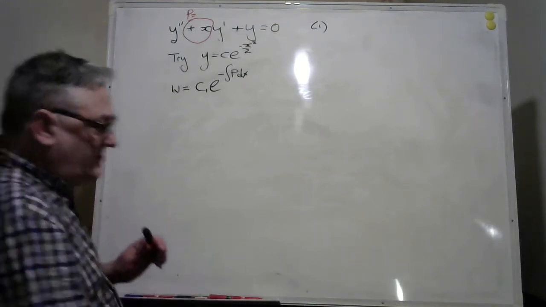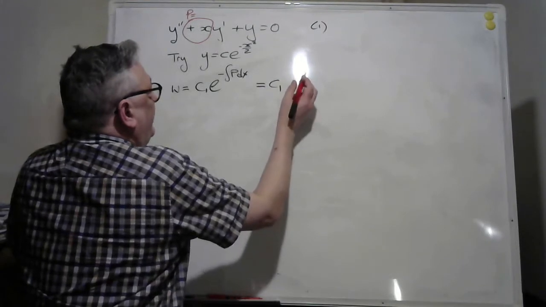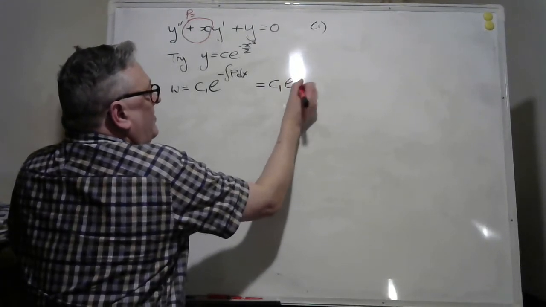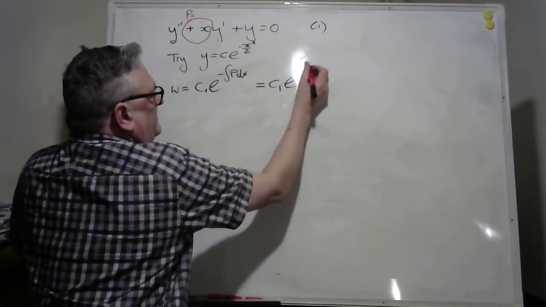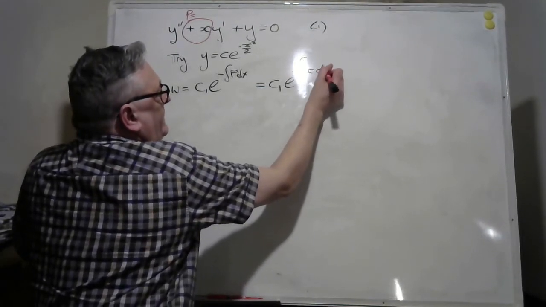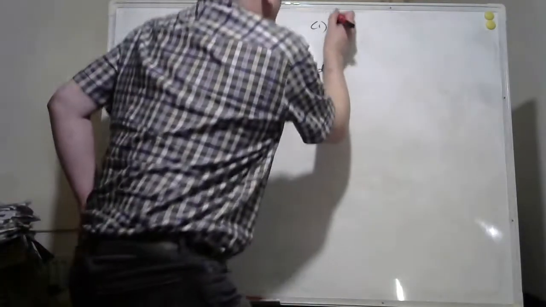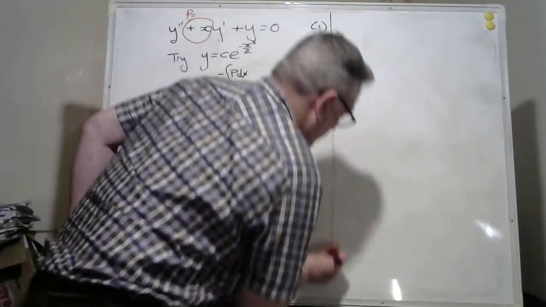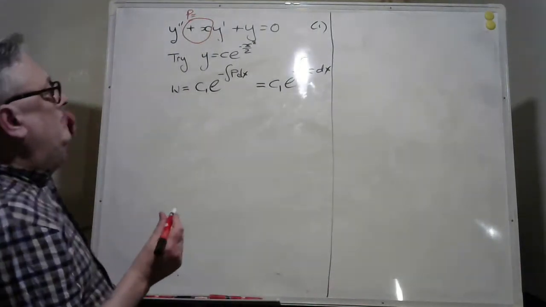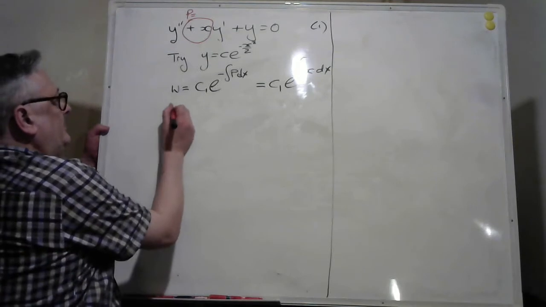So what do we do? Right, we substitute in the x for the P. So we've got e to the minus x dx. Right? And let me put a dividing line down there, so we leave a bit of space on the right hand side.